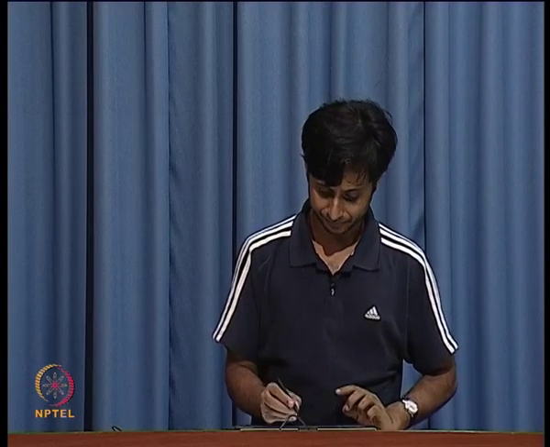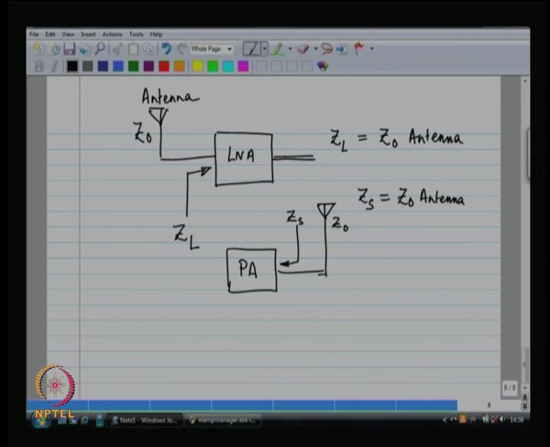What else? Suppose you have made the low noise amplifier, the next block is the mixer, and between the low noise amplifier and the mixer there has got to be a wire, right. What would you want to do? You would want to make sure that the output impedance of the low noise amplifier is equal to the characteristic impedance of the wire, which is equal to the input impedance of the mixer.